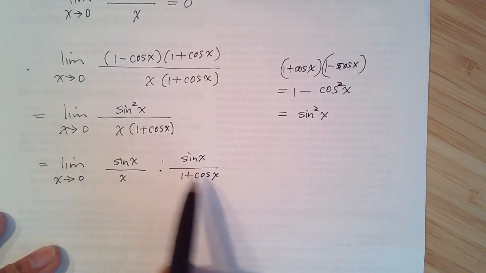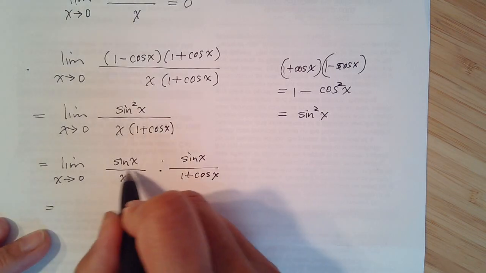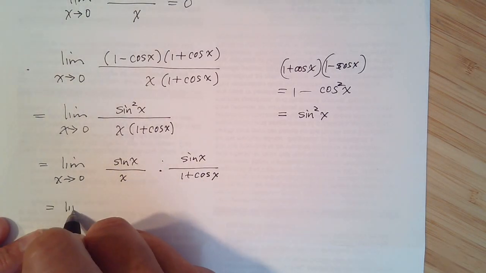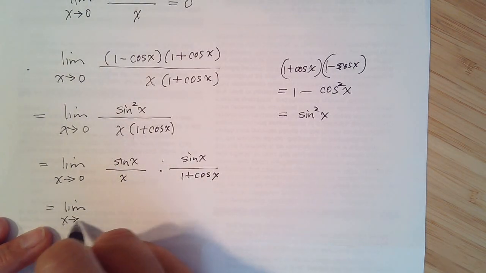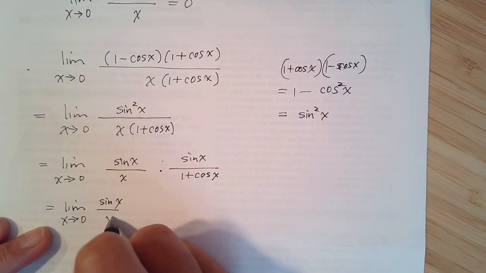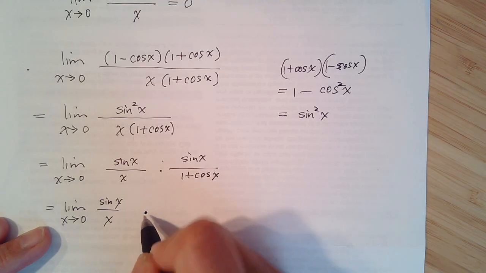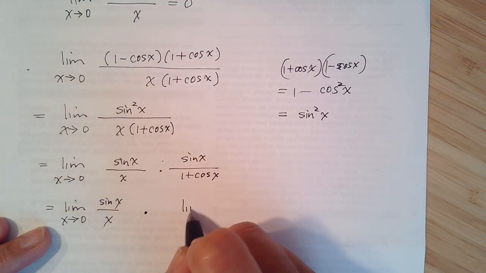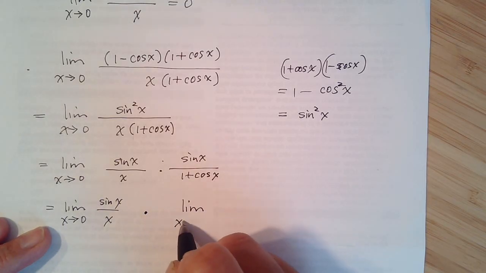Okay, we get a product, and so that will be this. We already know, we just did it. As x approaches 0, sine x over x, we know that's 1, okay? So it's going to be here multiplied by 1, another limit.